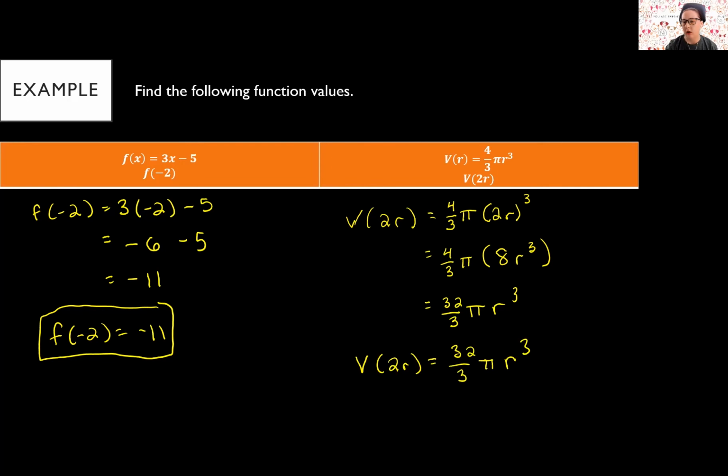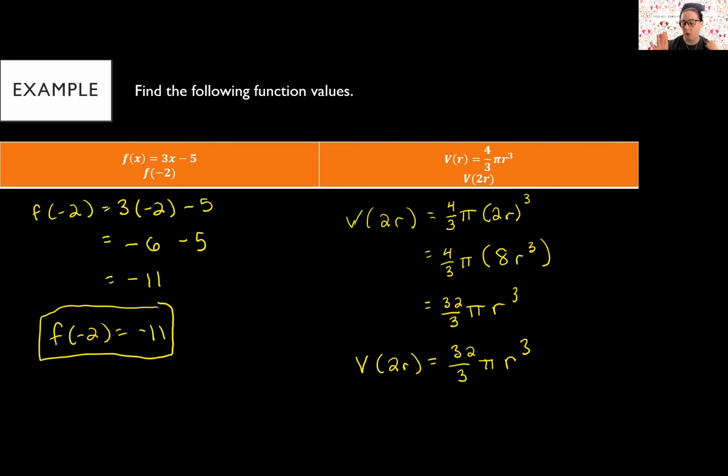Let's say you have the radius of your sphere, and that gave you the volume, and now you wonder what the volume is for a sphere that's twice the radius. You now have a new formula that determines the volume for a sphere where the radius is always twice the radius of the other sphere.